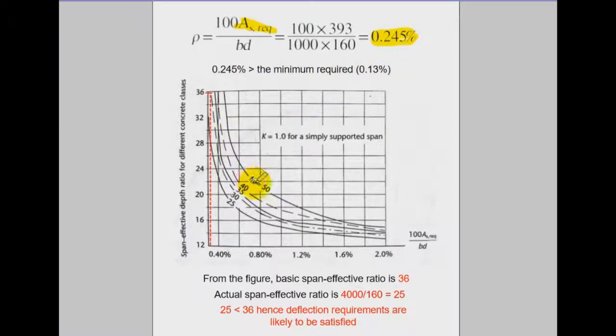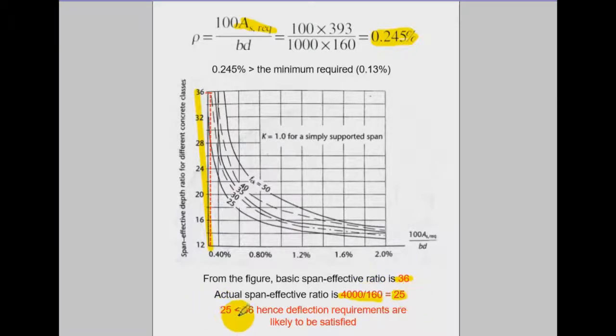And the second thing is, go back to the figure and find the basic ratio again. Here, the number corresponding to this percentage, in my case, is 36. The actual span to effective depth ratio for our case, we have the span as 4000 and the effective depth as 160, we get something like 25.